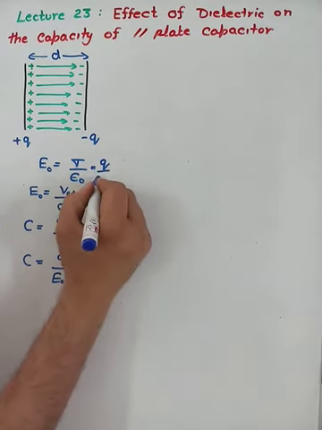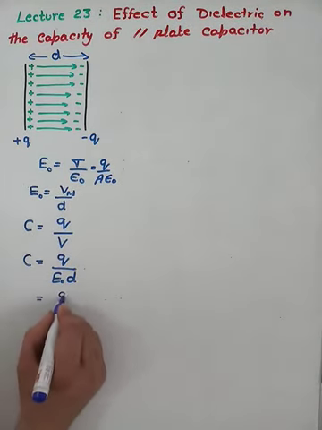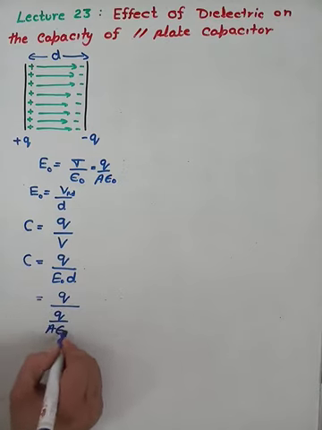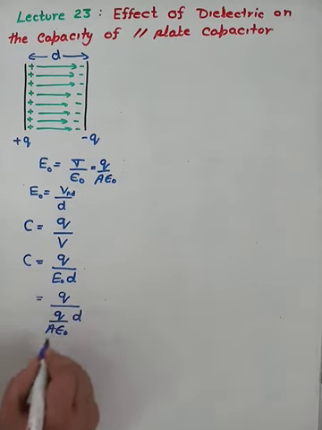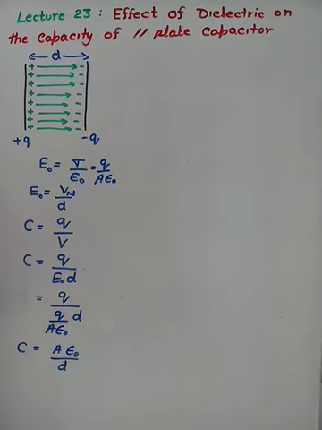Q upon A epsilon naught. So if you put the value of E naught, it is Q upon A epsilon naught into D, or finally we get A epsilon naught upon D. This is the capacity in free space. We have already derived this formula.